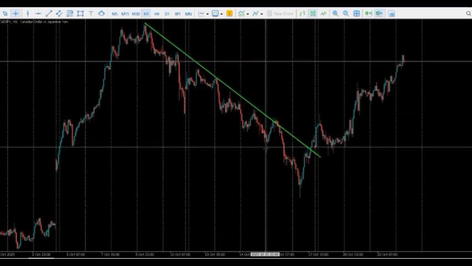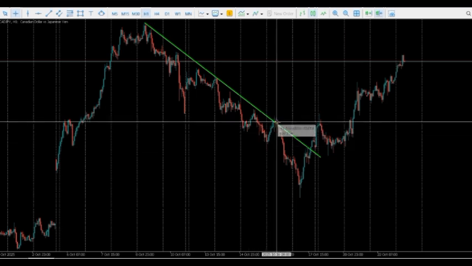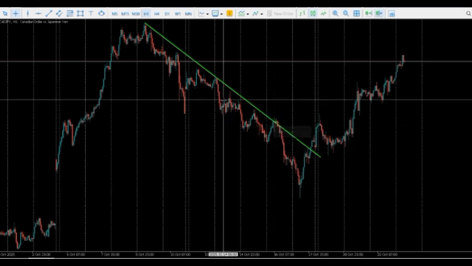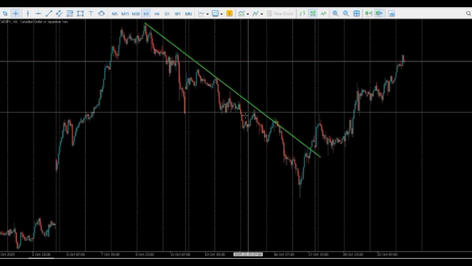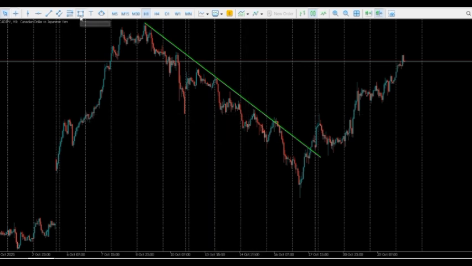Then here, price touched the trend line. As price came to the trend line, you mark your range, which is this. From the top of the last point where it touched the trend line to the most recent low, you draw your fib.